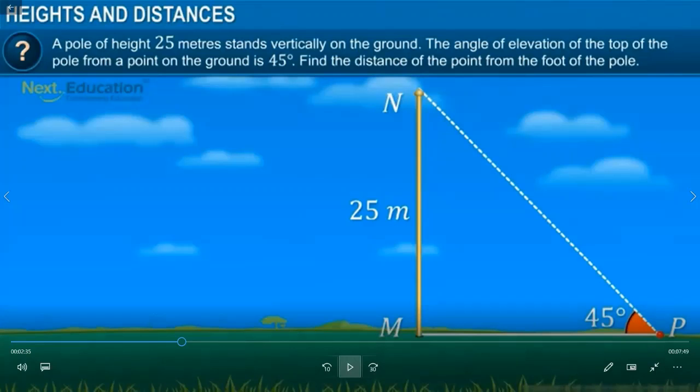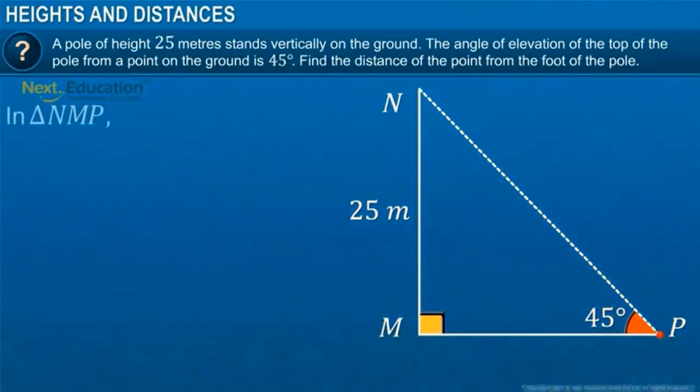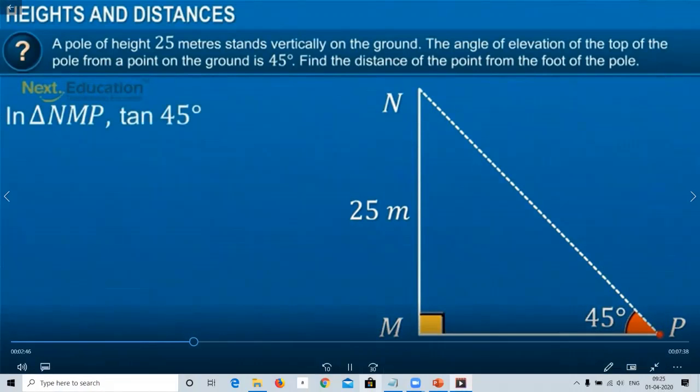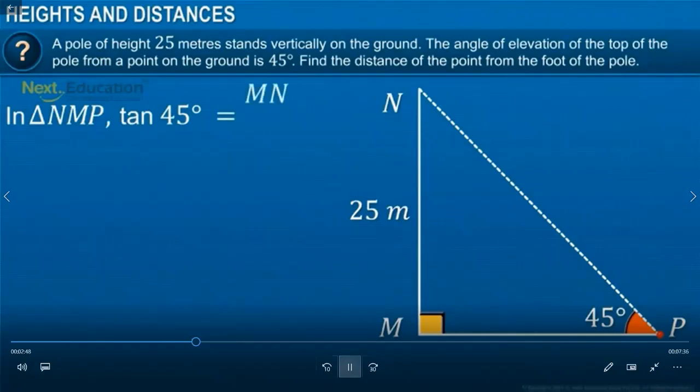Perfect. Triangle NMP is a right-angled triangle. In the triangle, tan 45 degrees is equal to MN divided by MP. Everybody will be writing it down, please. Let's substitute the value of MN. MN is equal to 25 meters.